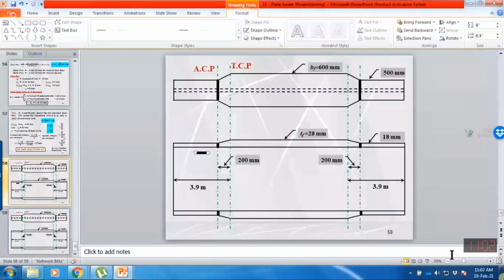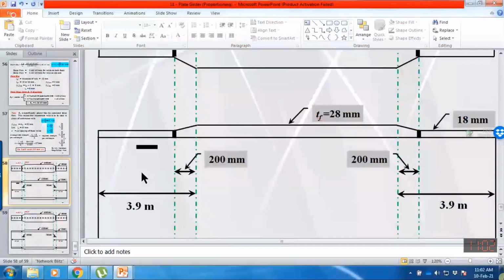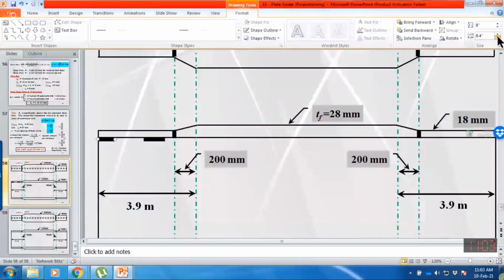So we provide the intermittent weld. For example, one weld will be provided here. Maybe let me reduce the thickness further so that it looks intermittent.